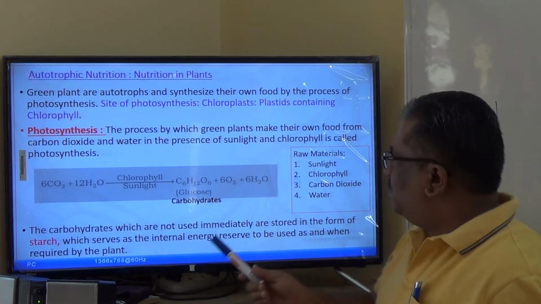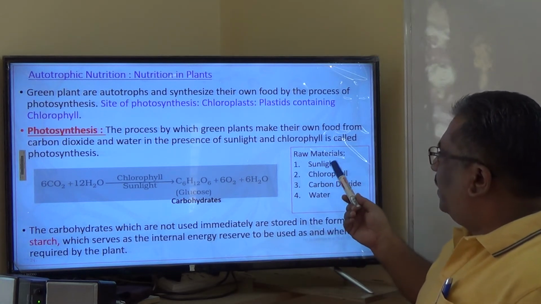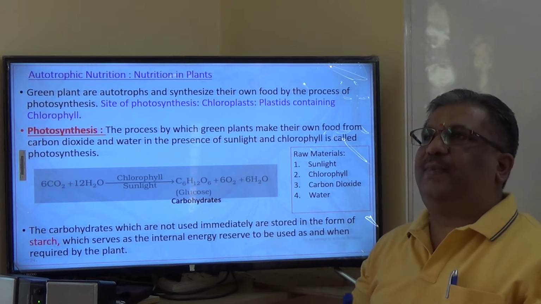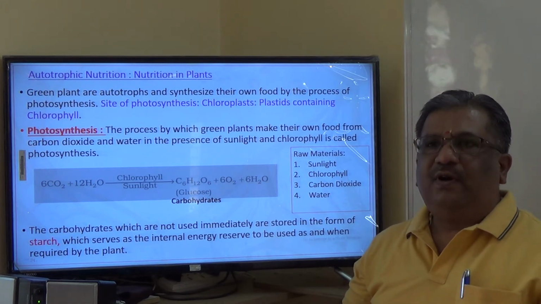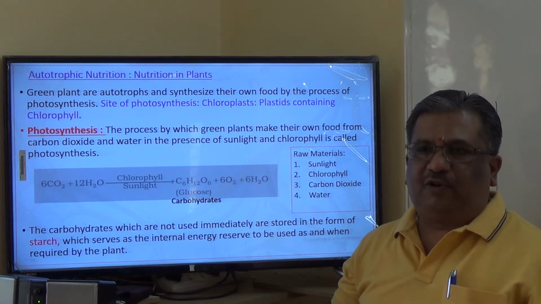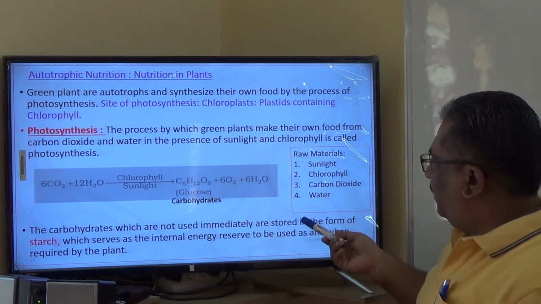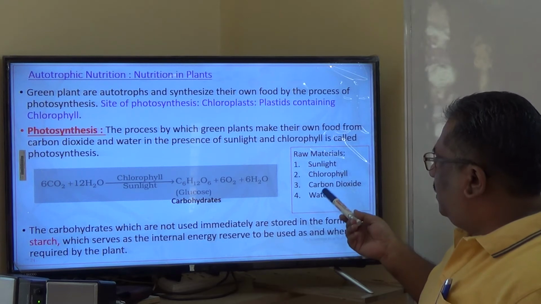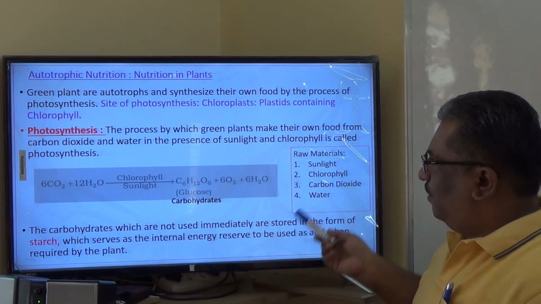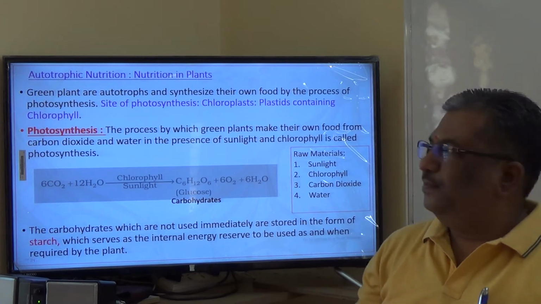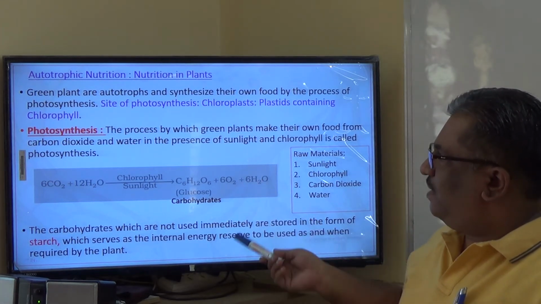And one question comes generally: what are the raw materials that are used by the green plants to prepare the food? So these are the things which have been listed. All these are raw materials. Sunlight, chlorophyll, carbon dioxide and water are the four raw materials by which the plants prepare their own food. It is quite clear.